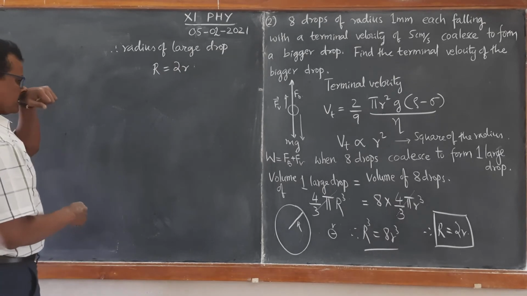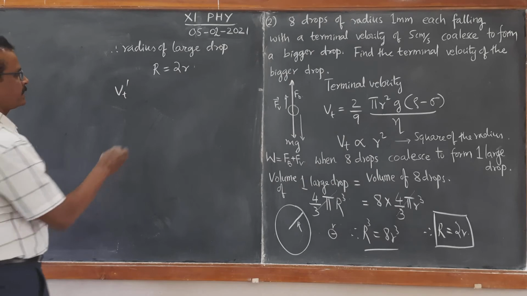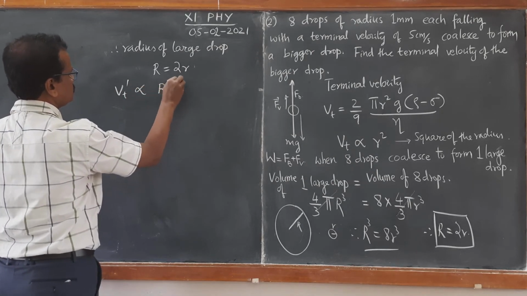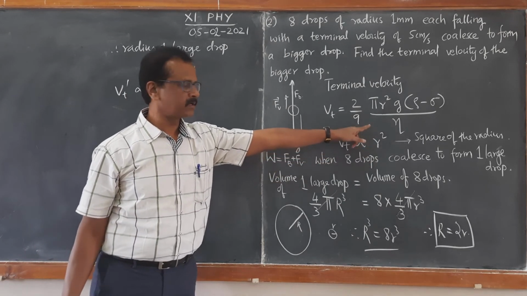Now, if I take the terminal speed of the large drop as Vt dash, then Vt dash is directly proportional to R squared, and Vt is directly proportional to r squared for a small drop.